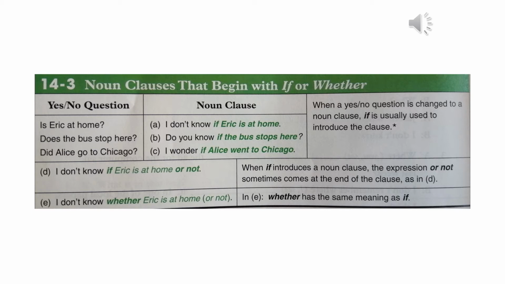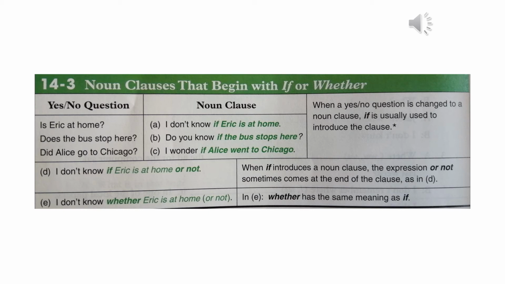In D, I don't know if Eric is at home or not. When if introduces a noun clause, the expression or not sometimes comes at the end of the clause. So whether you say, I don't know if Eric is at home, or I don't know if Eric is at home or not, both of them are correct. E. I don't know whether Eric is at home or not.